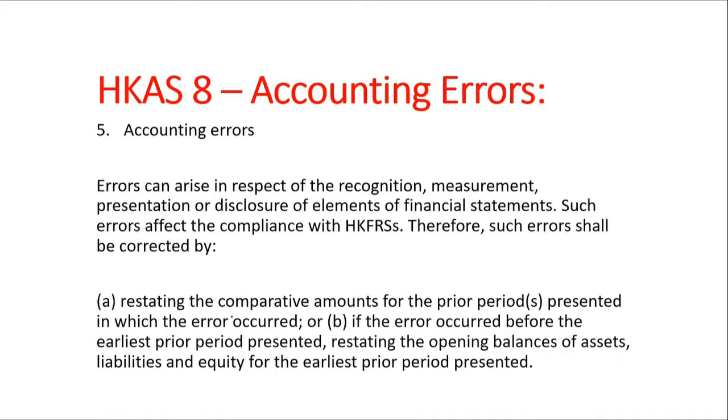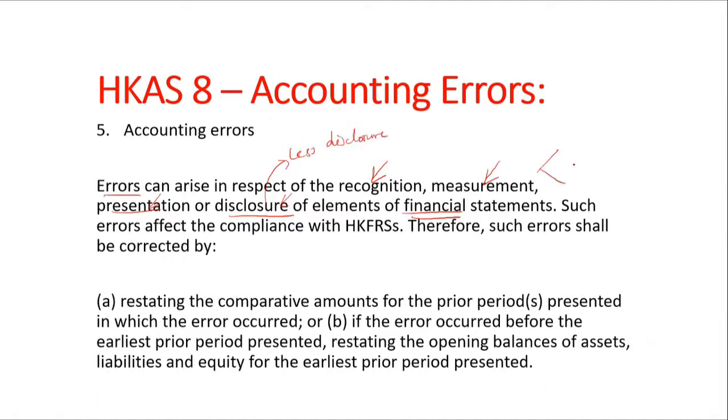Let's look into accounting errors, which is the last part of this video. Accounting errors can be of any type. There could be recognition errors, measurement errors, presentation errors, or errors in the disclosure of elements of financial statements. So for example, you did less disclosure.